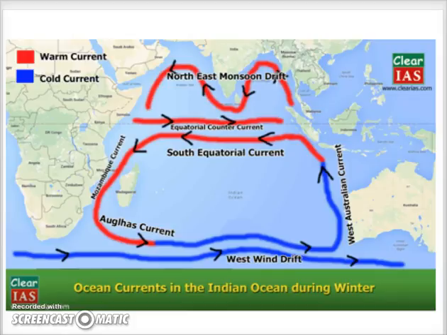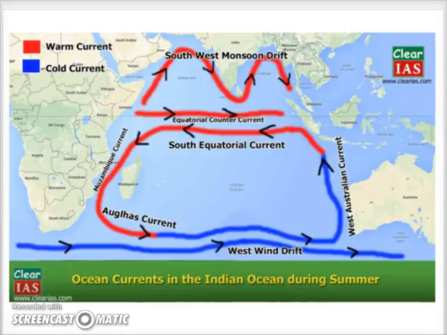During the winter season, in the northern section, the Bay of Bengal and the Arabian Sea are under the influence of northeast monsoon winds. These northeast monsoon winds drive the waters of the Bay of Bengal and the Arabian Sea westward to circulate in an anti-clockwise direction.